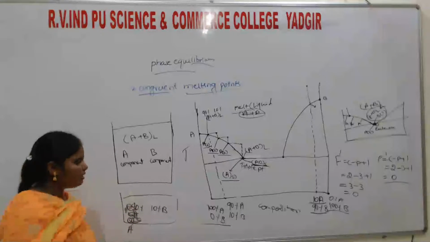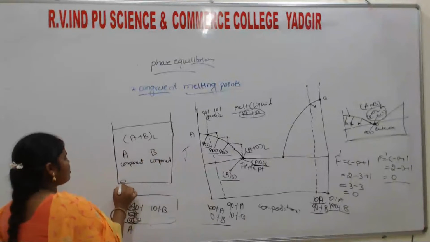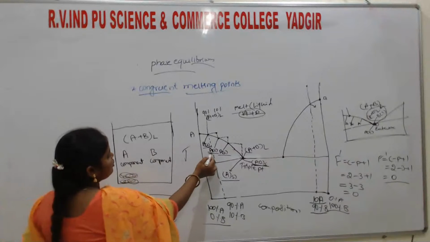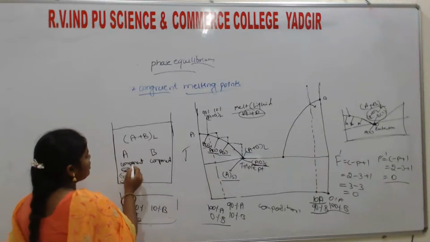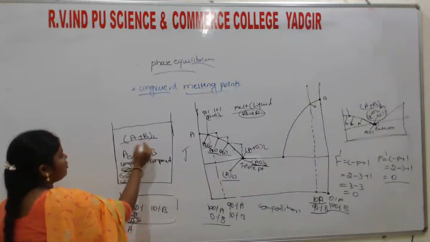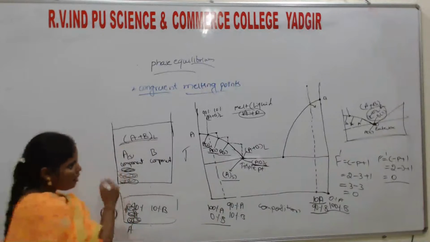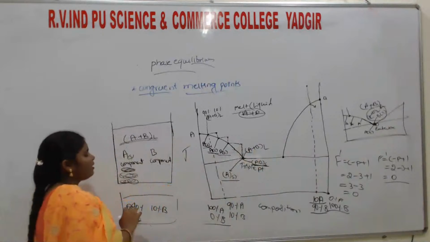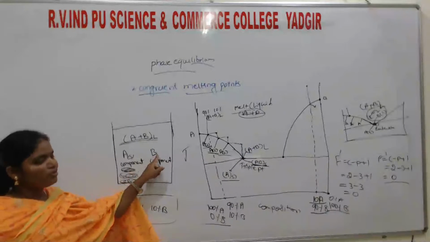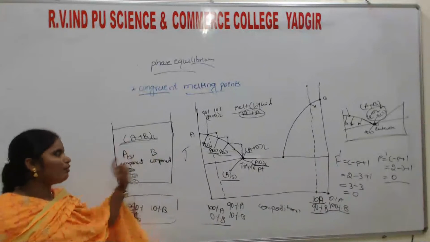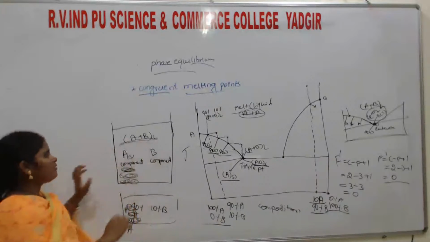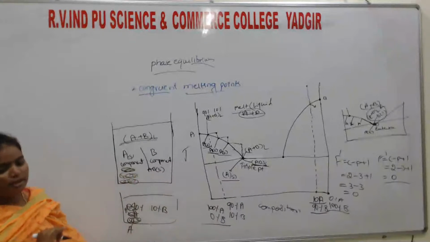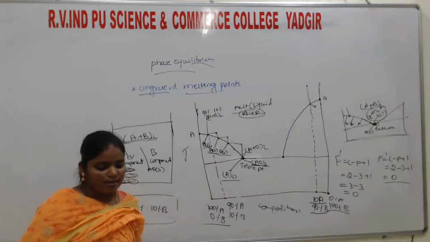The first solid is this one and the second solid also forms, and third, A is also separating out from here. Finally, B solid is not formed here; otherwise its formation is AB solid. AB solid compound is formed here.